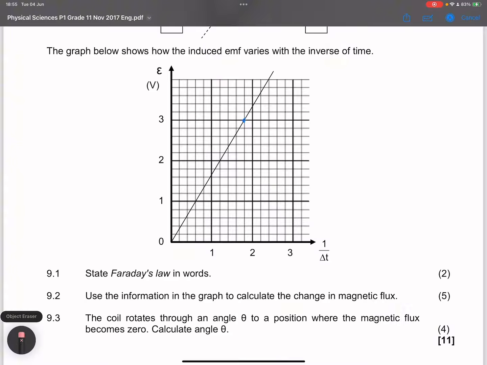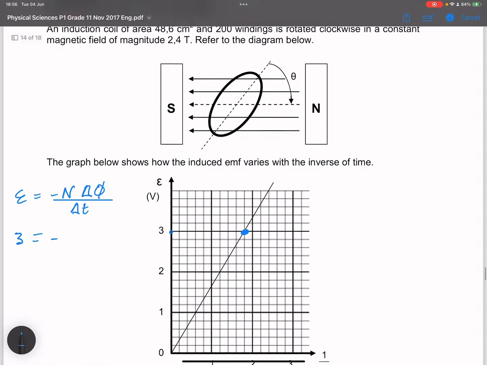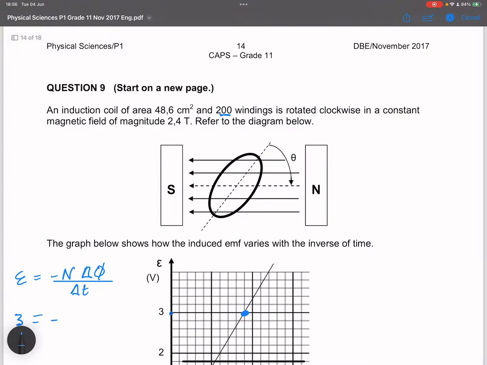formula as we know it. So we've got E, that's minus N over the change in magnetic flux divided by the change in time. Now I want you to please note, we can choose any particular point. So I chose to take this point over here. The induced EMF is 3 volts, and they told us that the windings are 200 windings.